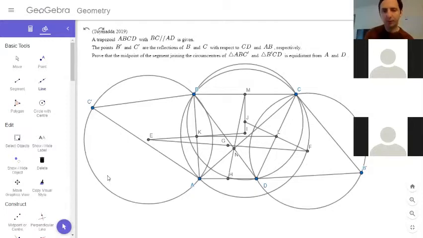Maybe we could even use Desargues' theorem, because if you have triangle EBA... oh, but I think we already did use Desargues' theorem.